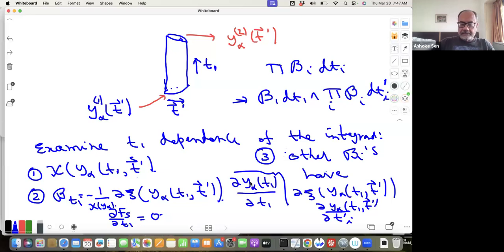The main point is that the net factors, all the terms which can possibly have T1 dependence inside the correlation function, are just 1 and 2. BIs do have T1 dependence, but they don't contribute because del xi with del xi will give you 0. And of course, the locations of the puncture, the vertex operators do not depend on T1. They have no knowledge of what this T1 is.